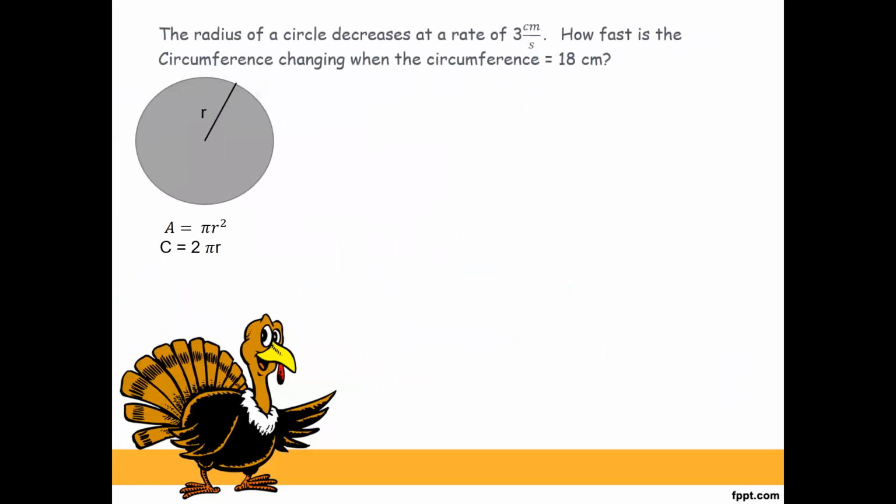All right, so now we have the radius of the circle is decreasing at a rate of 3 centimeters per second. It's getting smaller. How fast is the circumference changing when the circumference is 18 centimeters? So the rate of change, dr/dt, of the radius is negative 3 centimeters per second.